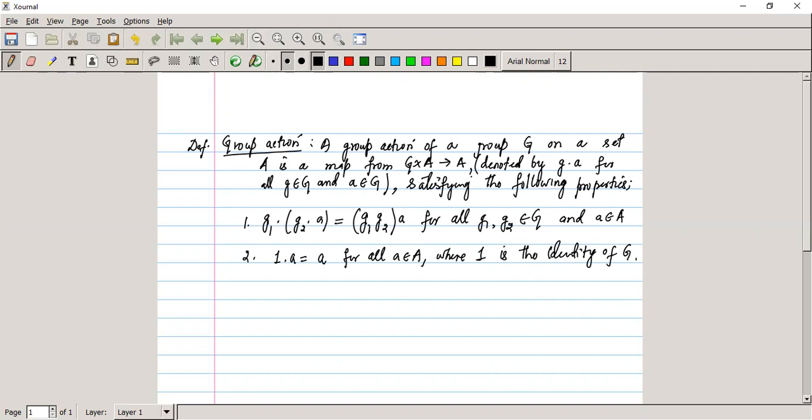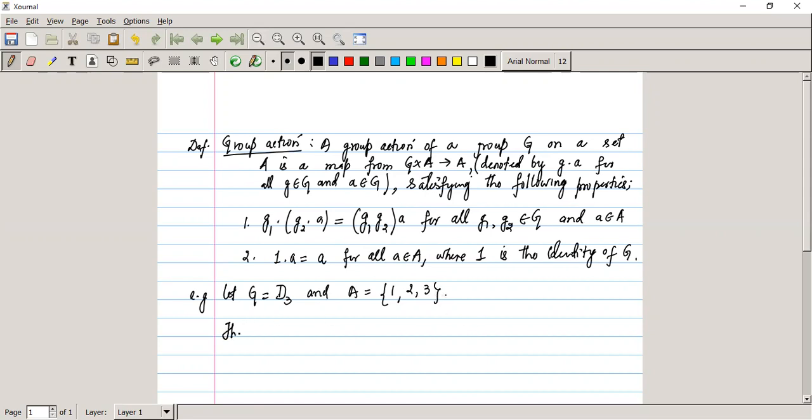Once we have a group G, a set A, and a mapping from G cross A into A satisfying these two properties, then that mapping will be called a group action of the group G on the set A. For example, let's choose the group D3. Let the group G be the dihedral group of an equilateral triangle, and let A be the set containing three elements 1, 2, 3.